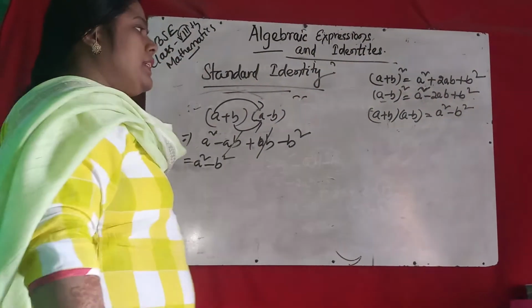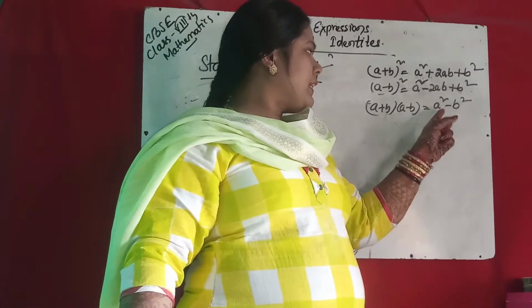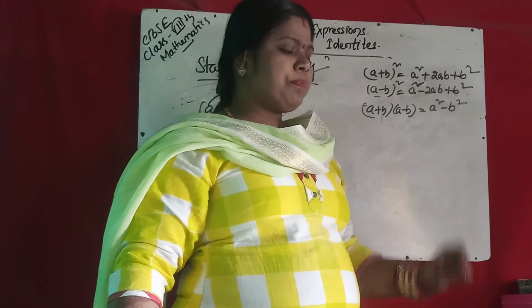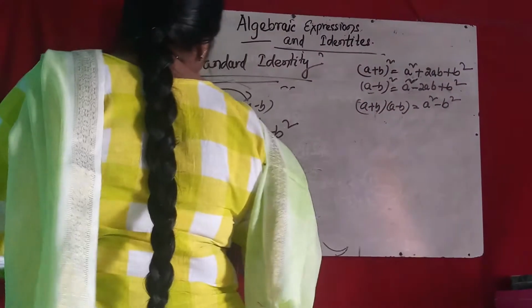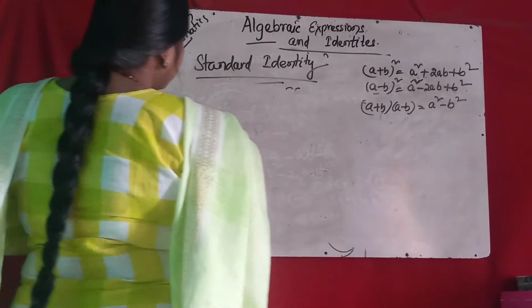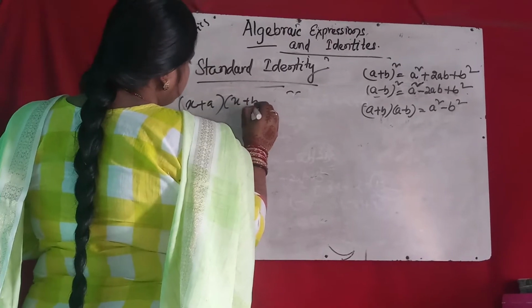Directly, if the formula is A plus B into A minus B, then directly you can put A square minus B square. Okay. Then next one: suppose x plus a into x plus b.